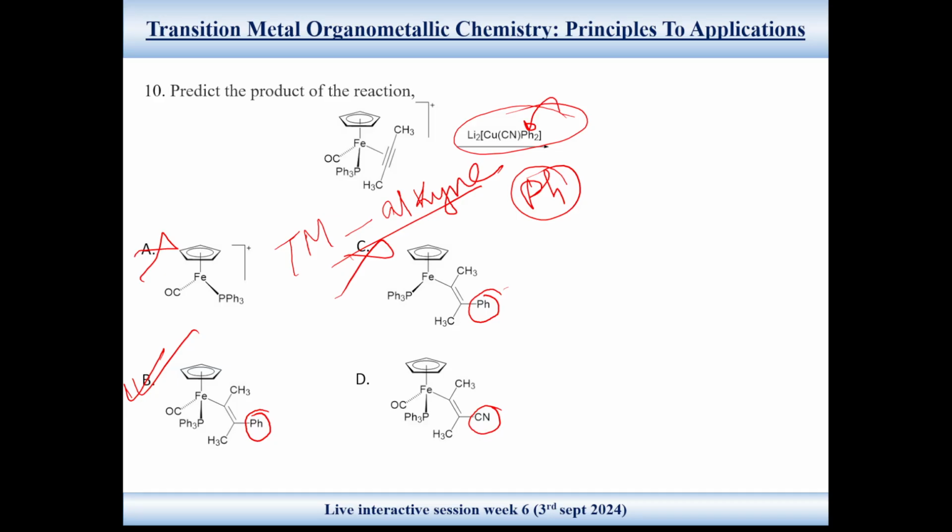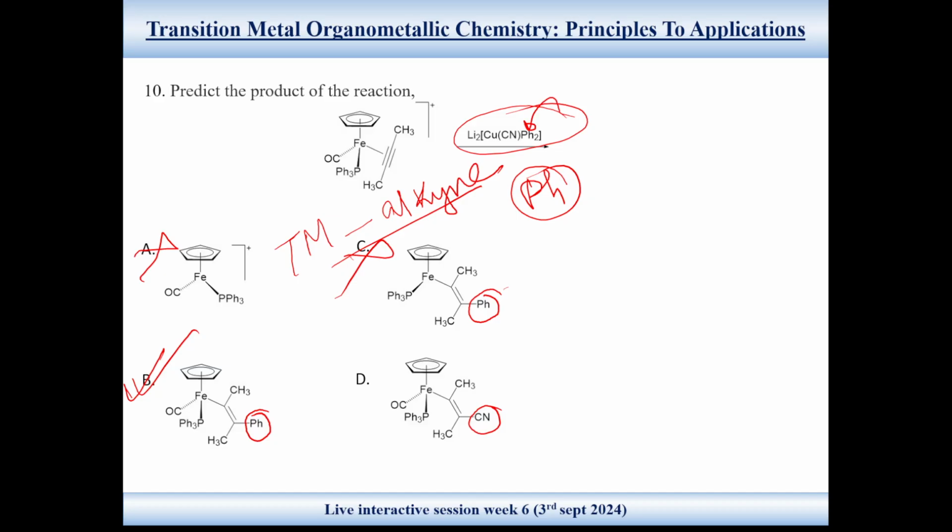That's why the product formation will be option B, not option D.